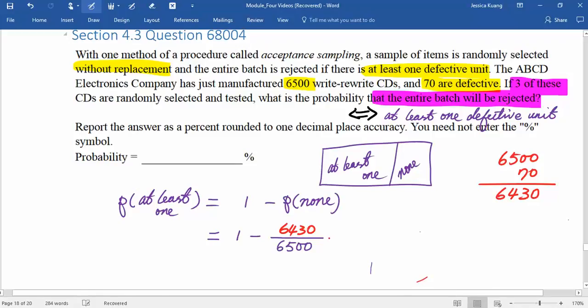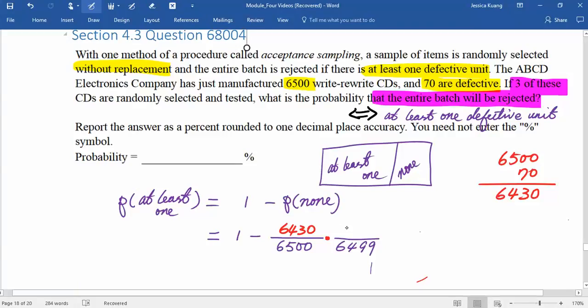And because we are choosing 3, we will be using the multiplication rule. Once we pick a CD out of the entire batch, we will end up with 6,499 CDs. And out of that, how many of them are not defective?